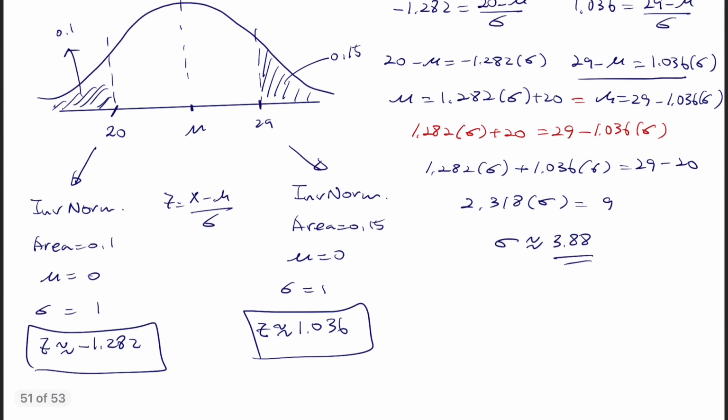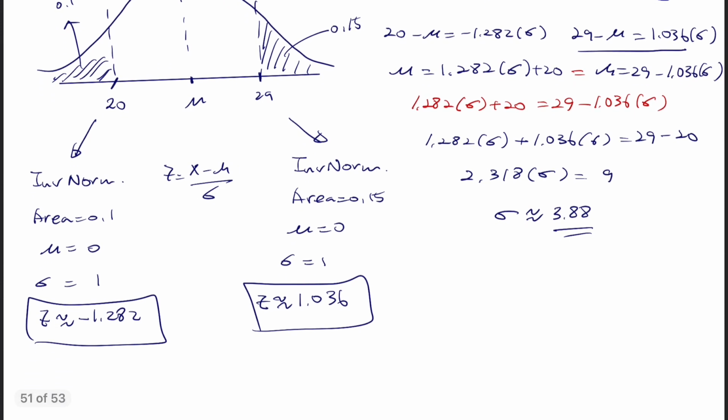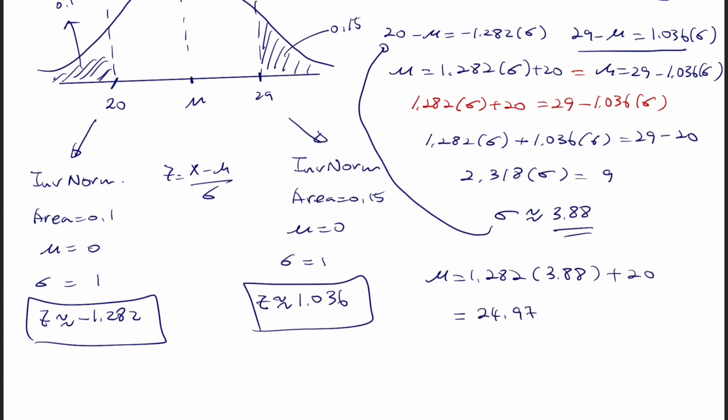Okay. Then once you have this value, you can substitute this standard deviation value into one of the equations that we set previously. So mean is the same as 1.282 times 3.88 plus 20. So mean is approximately 24.977.